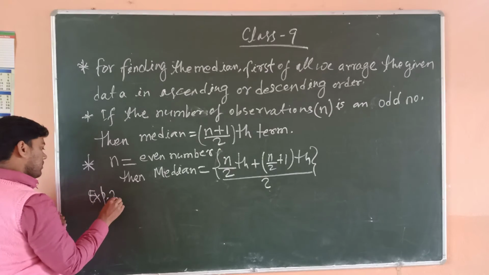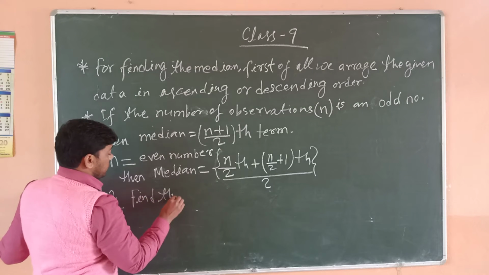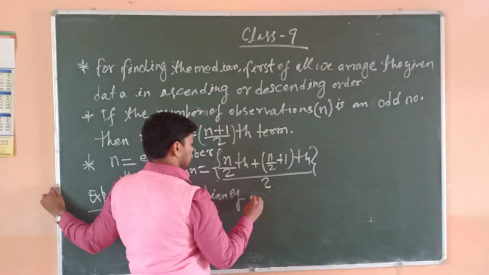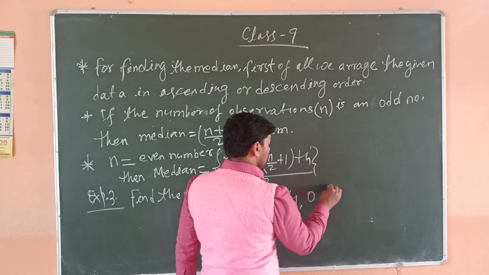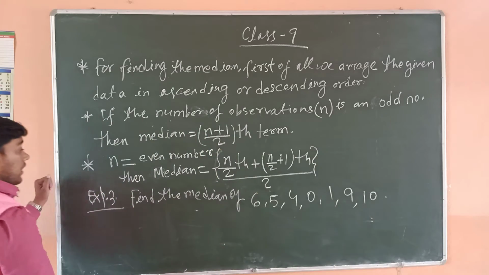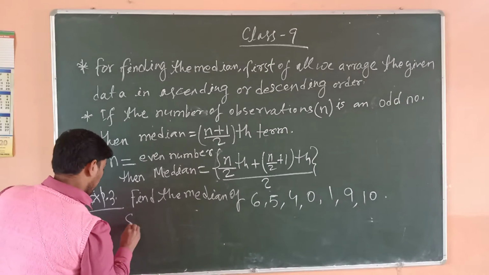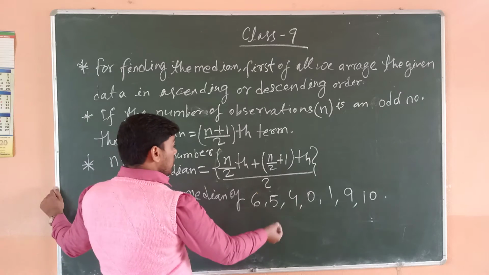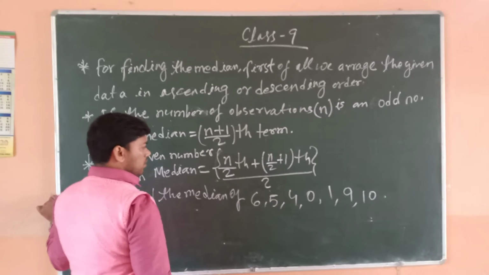Example number 3. Find the median of 6, 5, 4, 0, 1, 9, 10. So first we arrange the given data in ascending order or descending order.